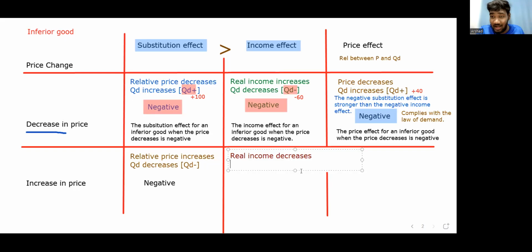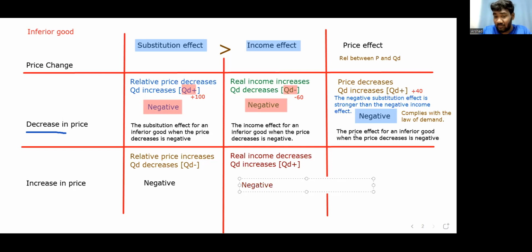Your income went down, what would happen? You'd buy more ceiling fans. You will give up on the AC. So your quantity demand increases. QD is a plus. What type of relationship is that? Quantity demand decreasing, QD increasing. Again, a negative relation.